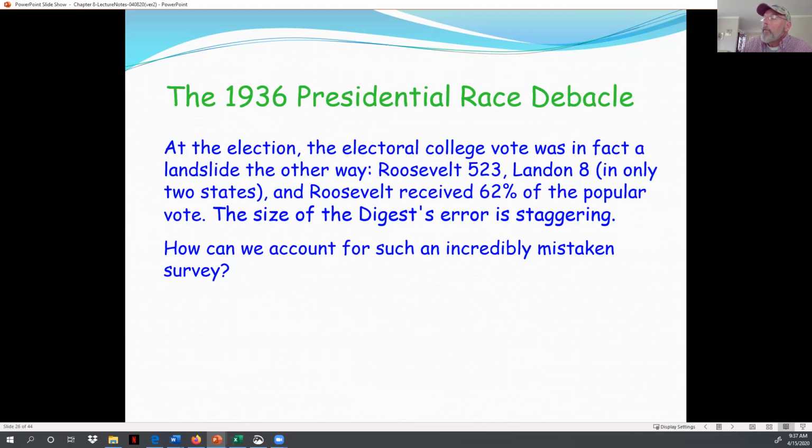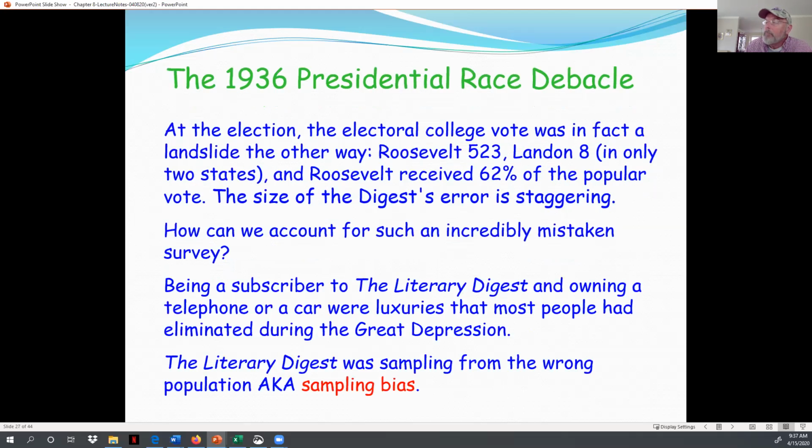And so that's what happened. So this would be a bias that goes along with the sampling process, all right? Those people that had a telephone or a car, those were luxuries. The people that were eliminated were the people that were leaning on Roosevelt to improve their livelihood. So this is a very interesting show of bias.